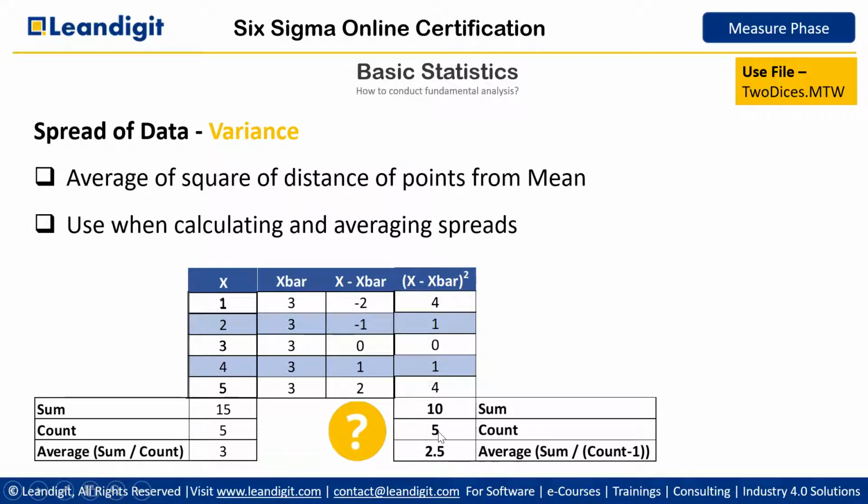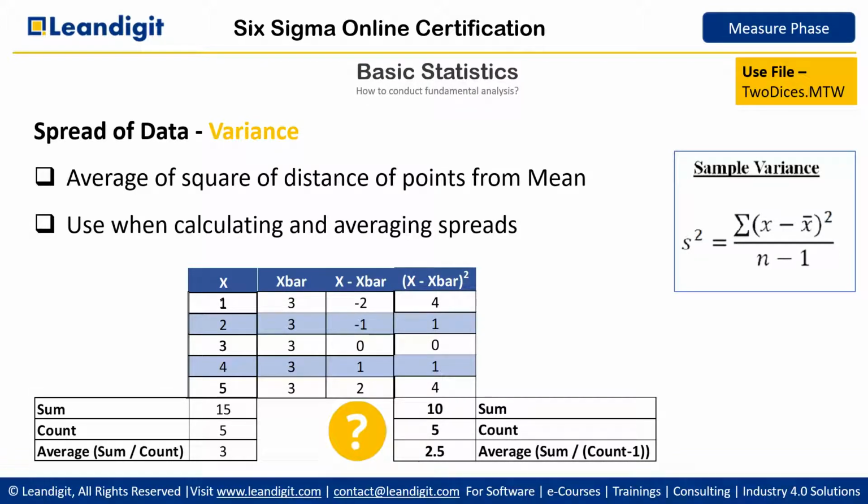And then we divide it by 5 minus 1, that is 4, not by 5. Why? We will discuss it later. But it is average of distance of point from the mean. This value 2.5 calculated in this case is called as variance. The formula for variance is summation of x minus x bar square divided by n minus 1. And for population we can divide by n.